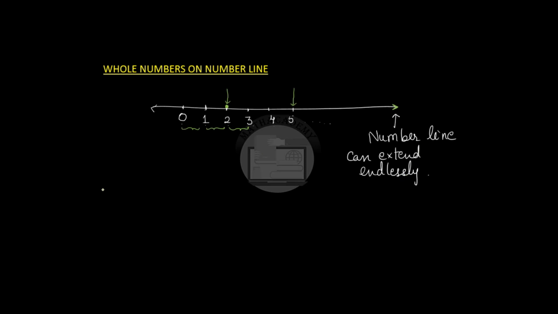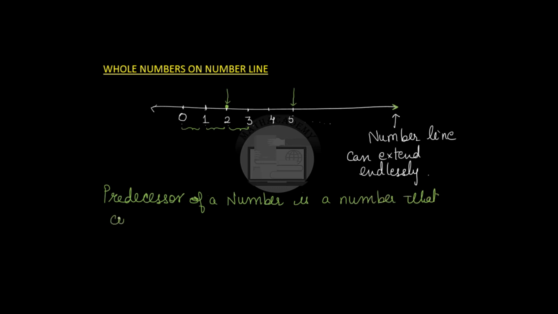Now let us see what we mean by predecessor of a number and a successor of a number. Predecessor of a number is a number that comes before the given number on the number line.